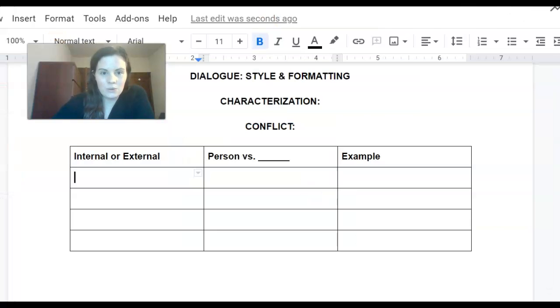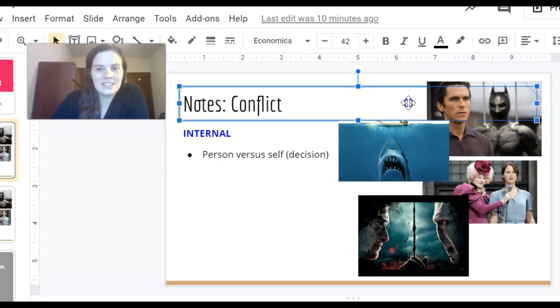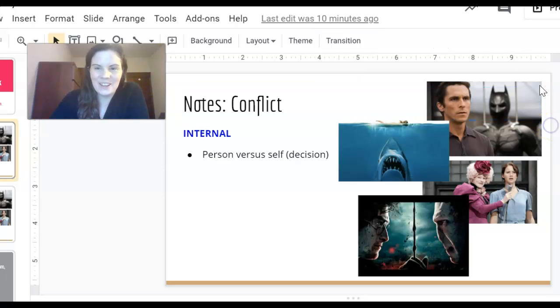Can you go to your notes now and write internal and then person versus self? And I also want you to write that keyword of decision. To be or not to be is a person versus self conflict. Batman has a ton of person versus self conflicts because he's kind of angsty.